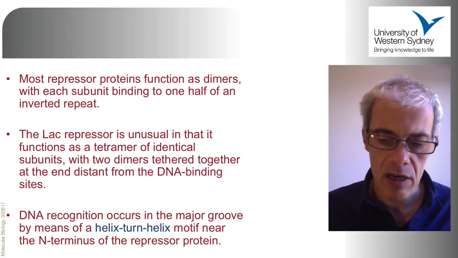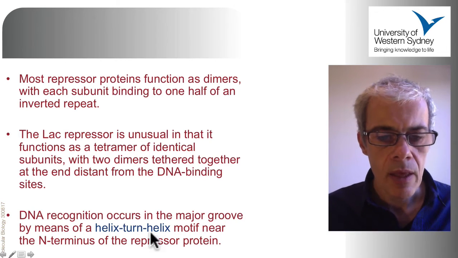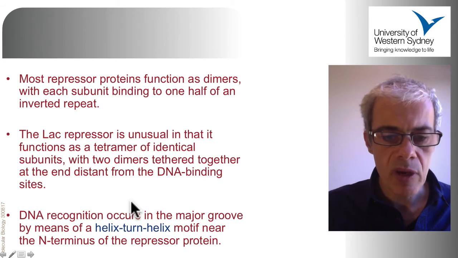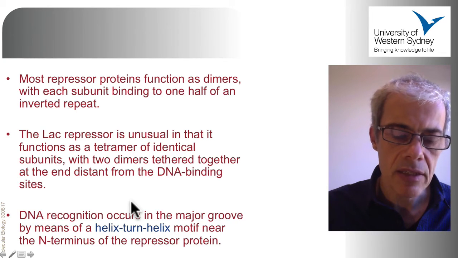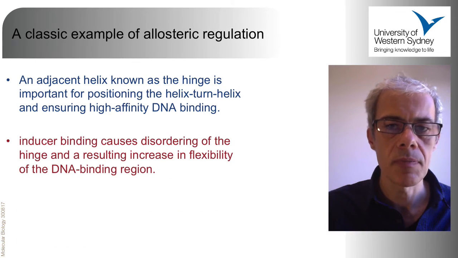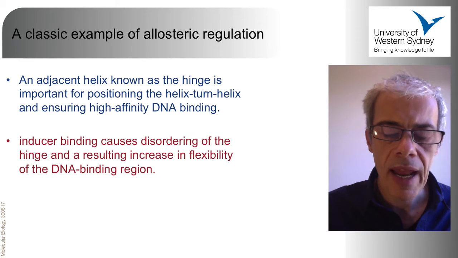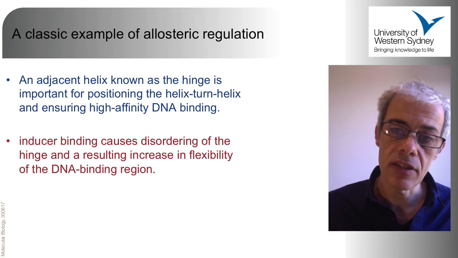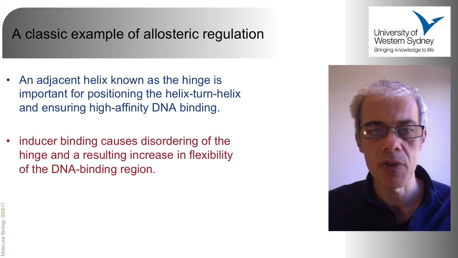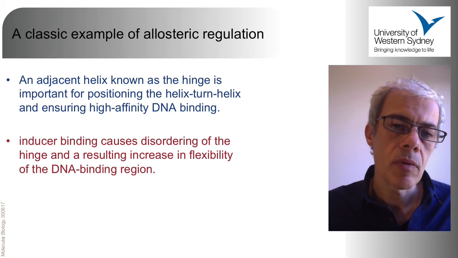So we'll have a look at that in a bit more detail. Recall that we looked at these helix turn helix motifs of proteins, and the Lac repressor contains the helix turn helix motif, which is why I'm talking about it.